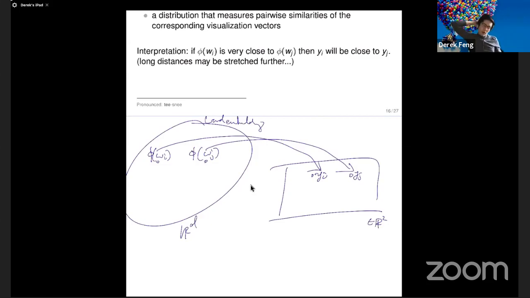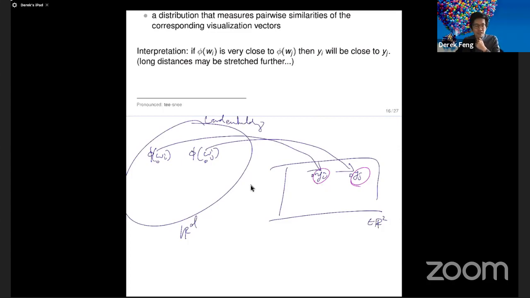So the question then is, you should think of these y's here as parameters. It's like doing word embedding all over again. Remember, the way we thought about word embeddings is that these are parameters and we're trying to optimize them. You do the same thing here.